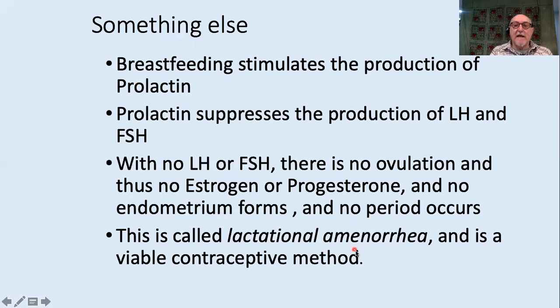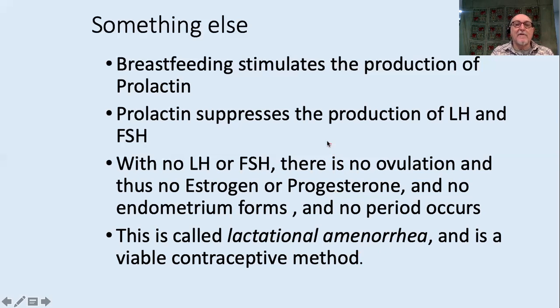So this is actually a viable contraceptive method, but a very poor one. People who try to use lactational amenorrhea, lactational contraception, are very often unsuccessful, and there's a very high rate of pregnancy amongst people trying this.